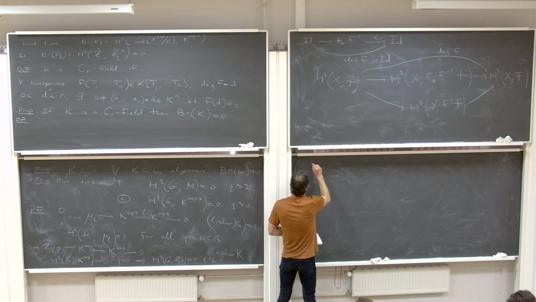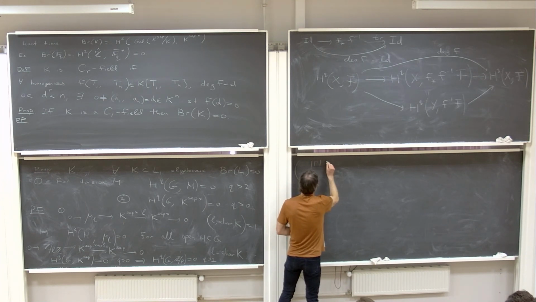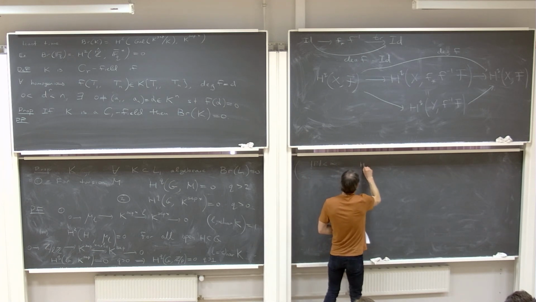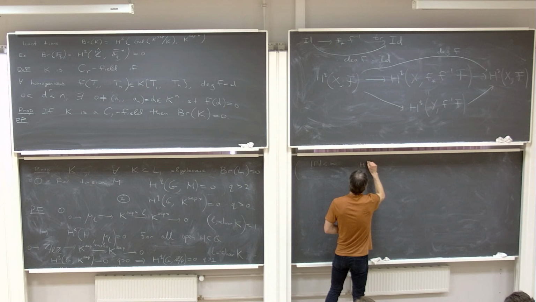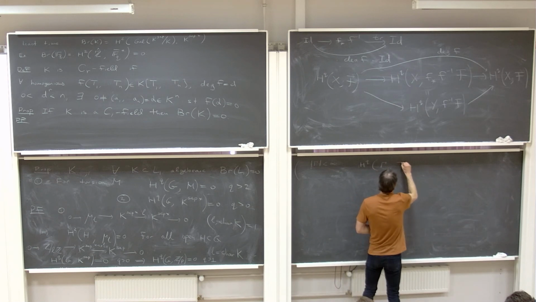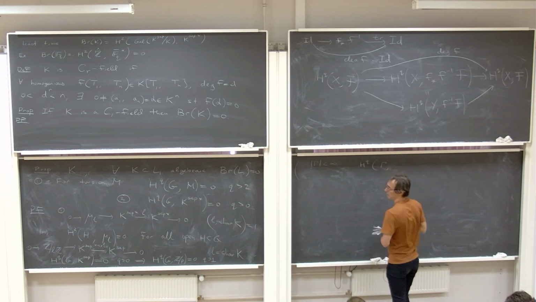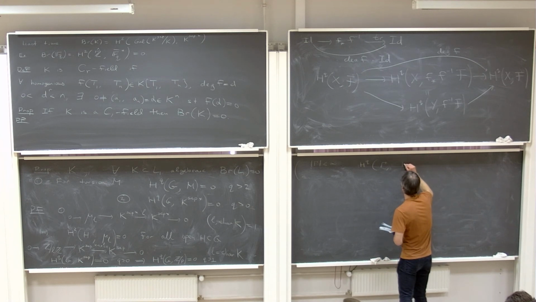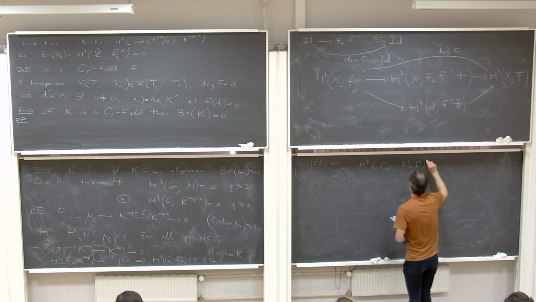If gamma is a finite group, then cohomology of gamma with coefficients in k of gamma, the group algebra, they're all 0.